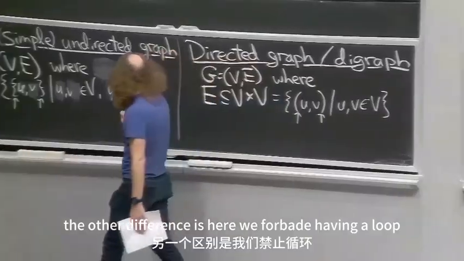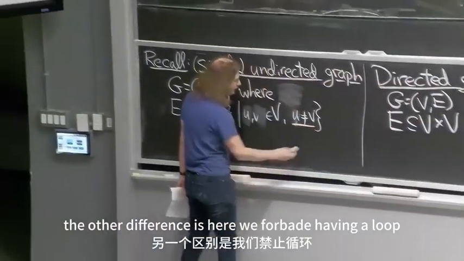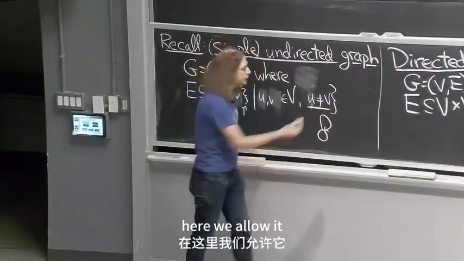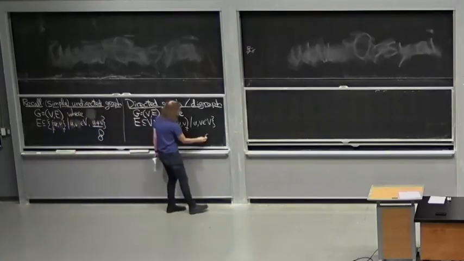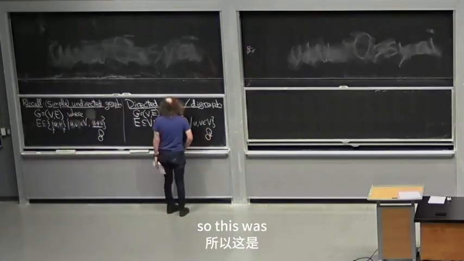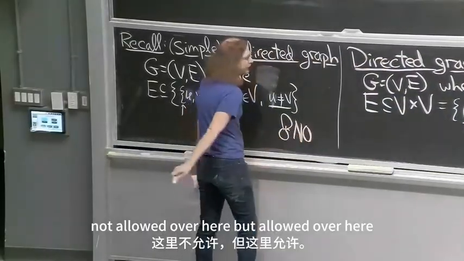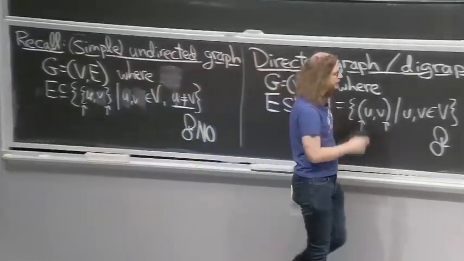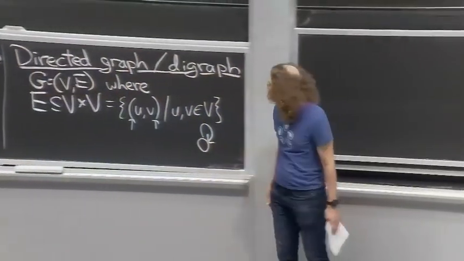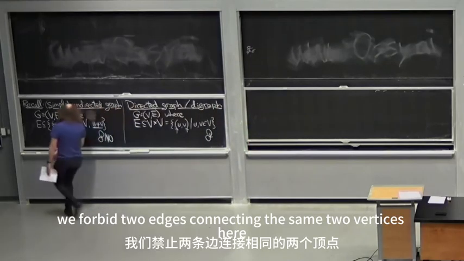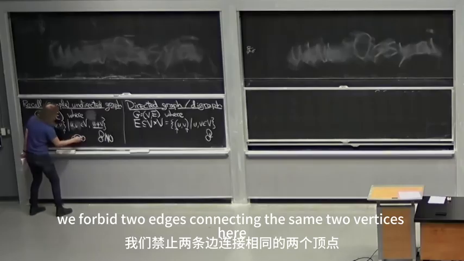The other difference is here we forbade having a loop. Here we allow it. So this was not allowed over here, but allowed over here. Still, over here we forbade 2 edges connecting the same 2 vertices.